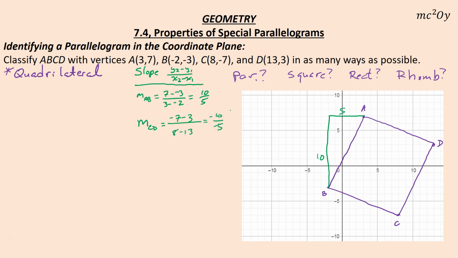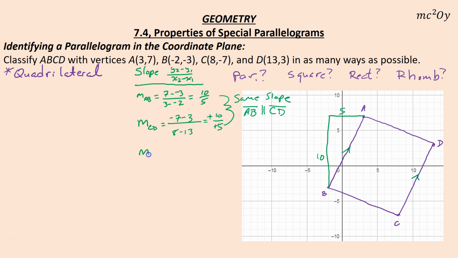And notice negative 10 over negative 5 is the same as 10 over 5. These both become positive because you're dividing a negative by a negative, right? Okay, so this is the same slope. So that means AB is parallel to CD. All right, very good. So we have some parallel lines there and there.